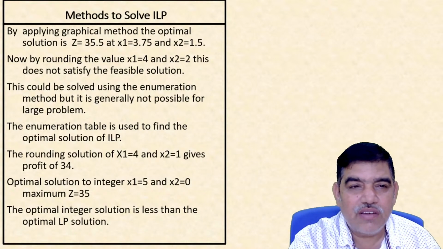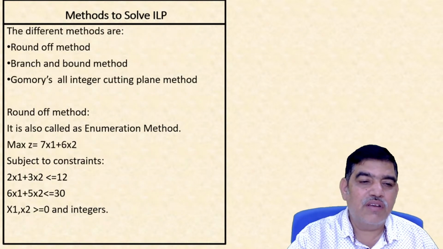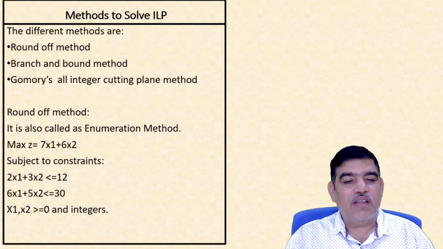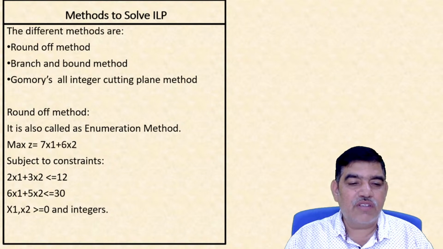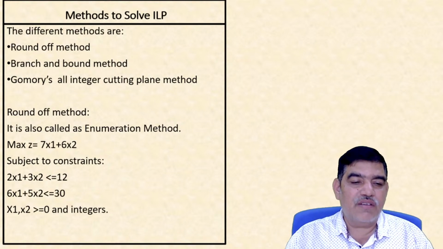So you know how to solve by using the graphical method. First, you take the constraint equation 2x1 plus 3x2 less than equal to 12. You convert it into an equality equation, that is 2x1 plus 3x2 equal to 12.